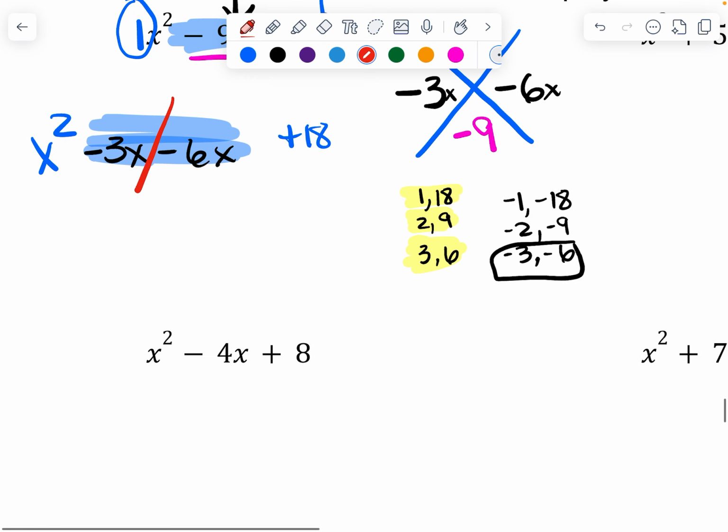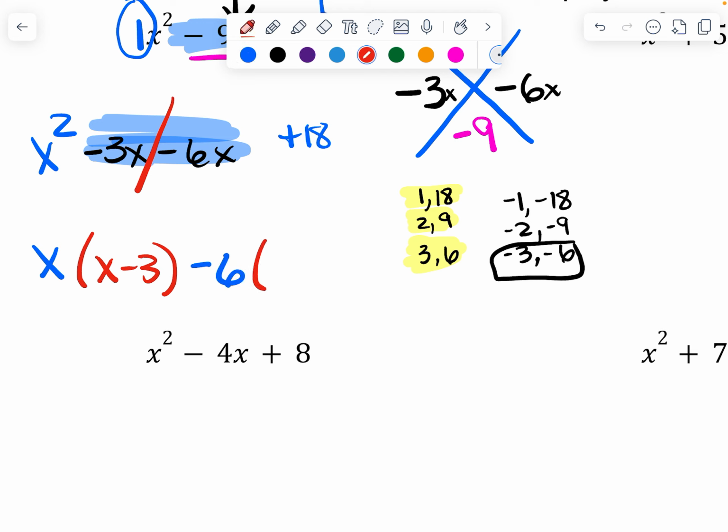I'm going to look at the first two and say, they both have an x in common. When I take out that x, I get x minus 3. Then on the right-hand side of the red line, I take out a negative 6, and I'm left with x minus 3. So I have x minus 3 in common, and then I have x minus 6.